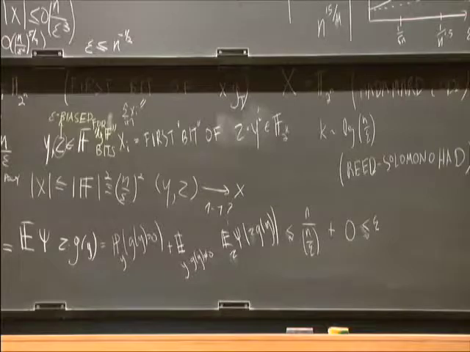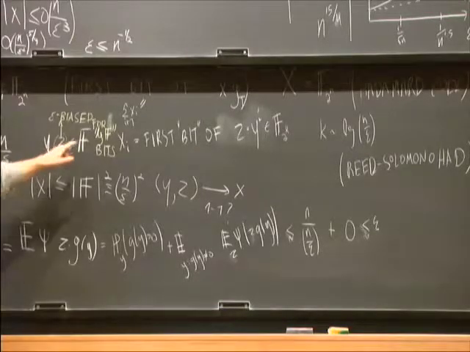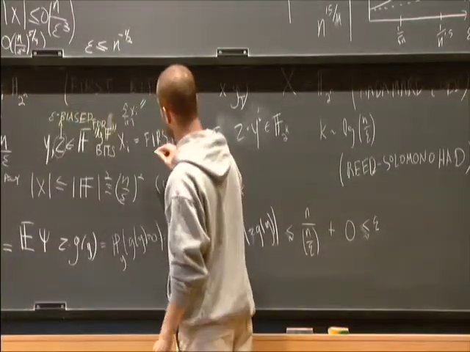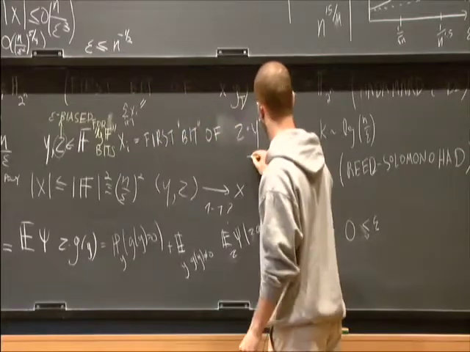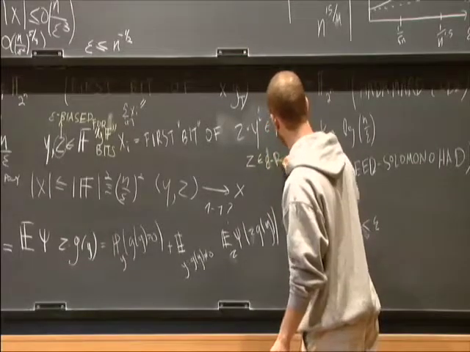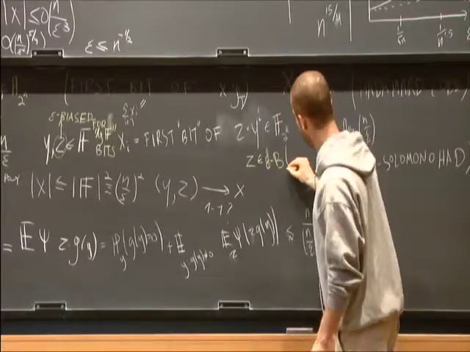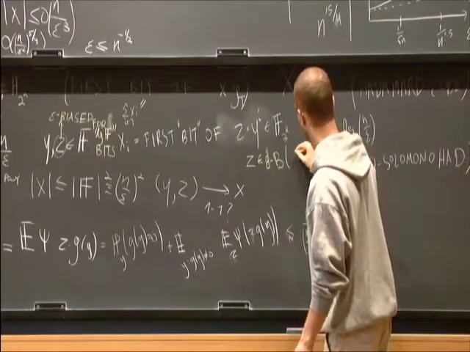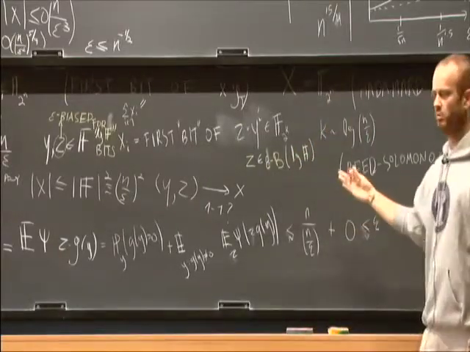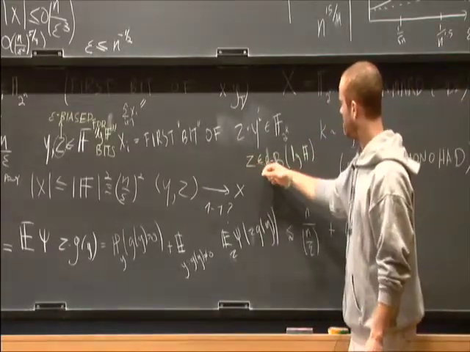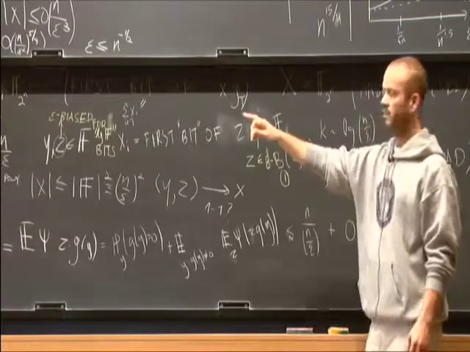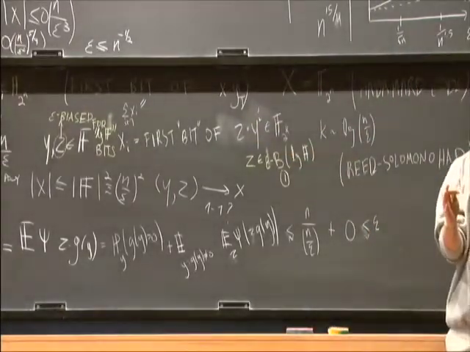So if we take the construction of step 1 for log F bits, now in the second construction, we will take Z to be in an epsilon-biased set of log F. This is just a notation to denote that we choose Z to be in the epsilon-biased set of log F, and we take it according to the first construction on a smaller set.